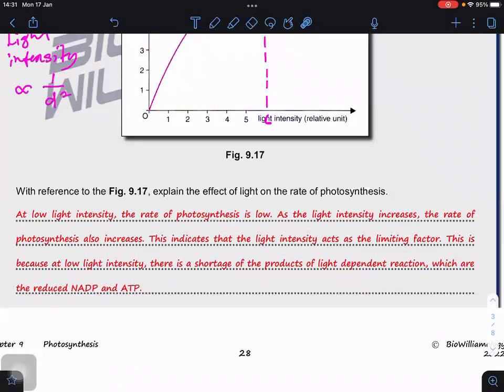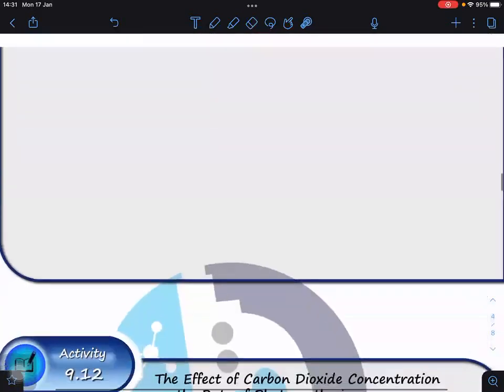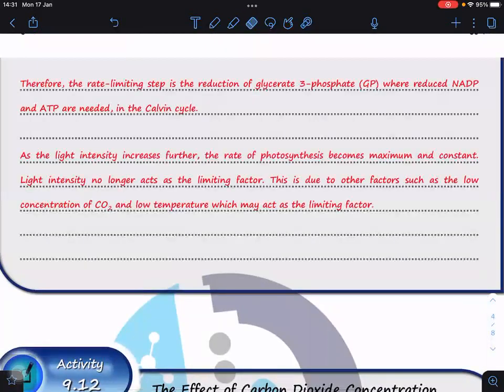Are you clear? Now, if these two items are in shortage, which reaction will be affected? So the rate limiting step now is the reduction of GP, where reduced NADP and ATP are needed. So the rate limiting step here is the reduction of GP to TP. Get the idea?